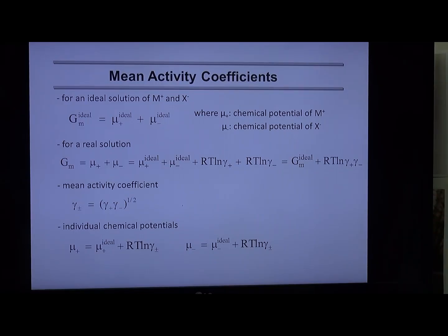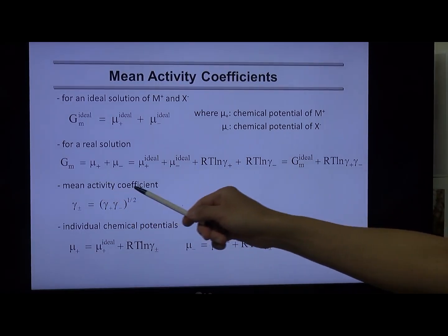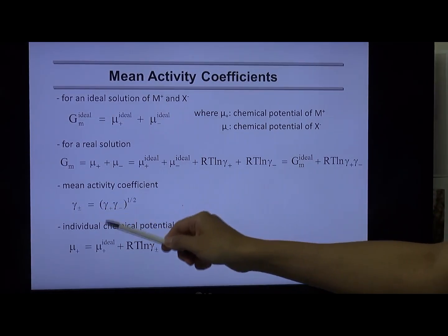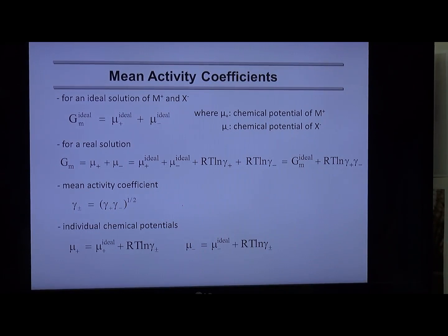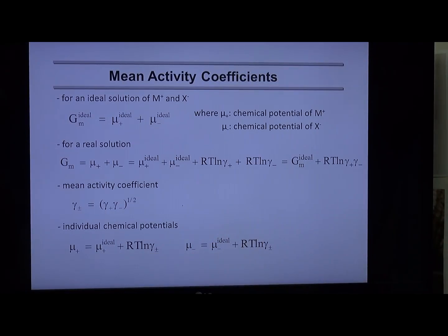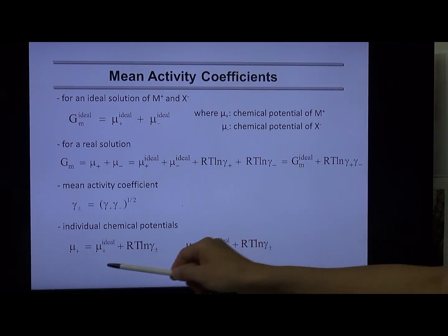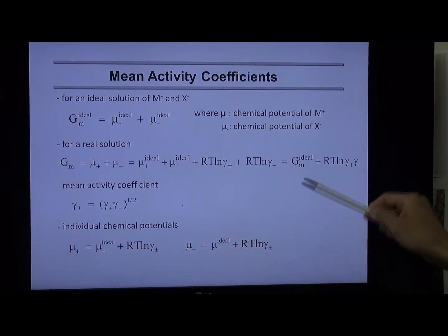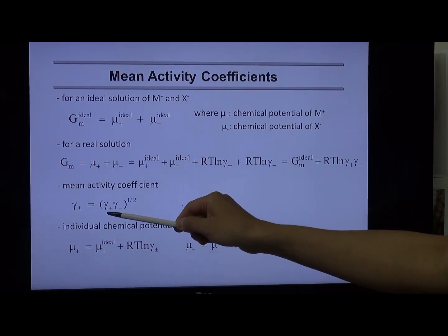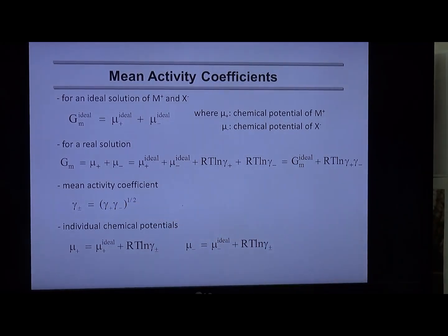And if we define a mean activity coefficient gamma plus minus as basically the square root of gamma plus times gamma minus, then we can separate the contribution of cation and anion like this. If you sum these two together, you get the same expression as this.